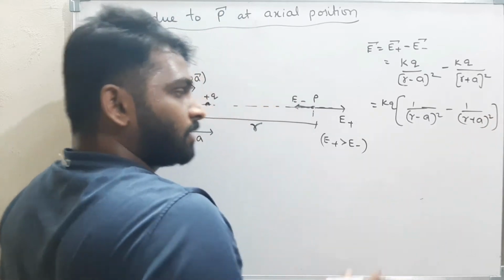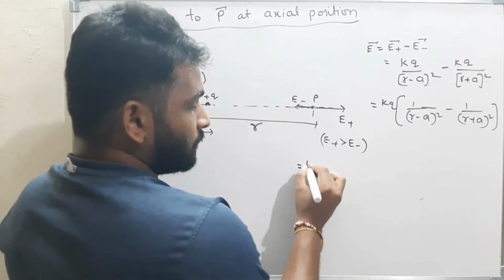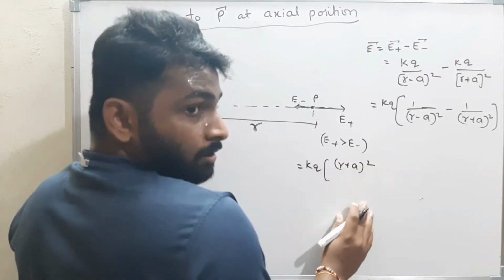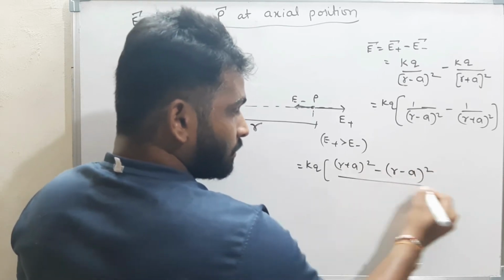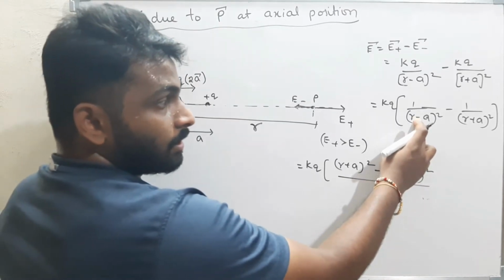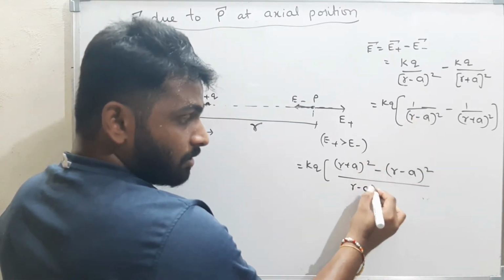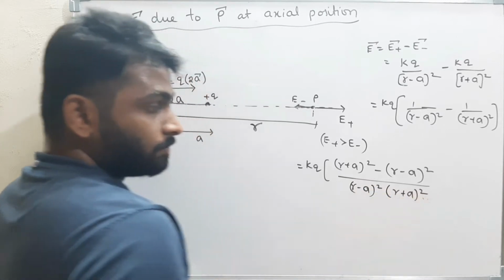Just solve it. If you solve it, you get KQ common, R plus A whole square minus R minus A whole square, by R minus A whole square into R plus A whole square.